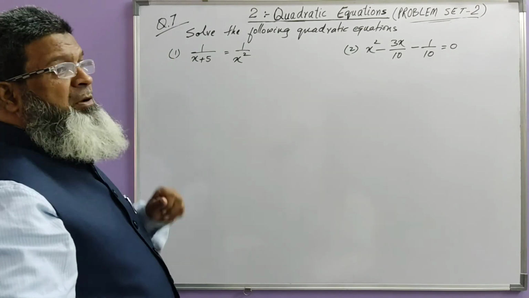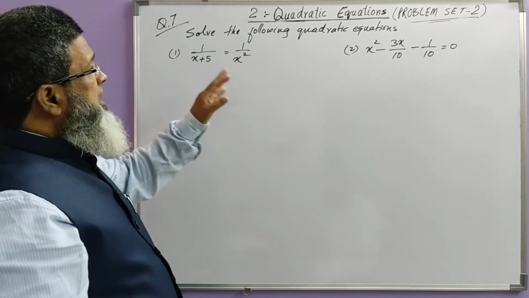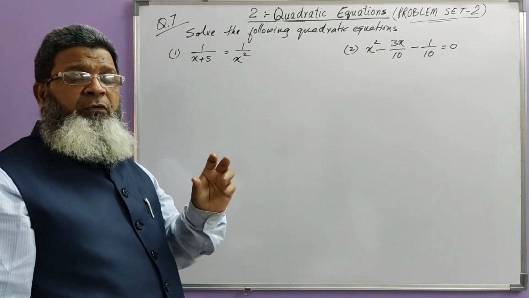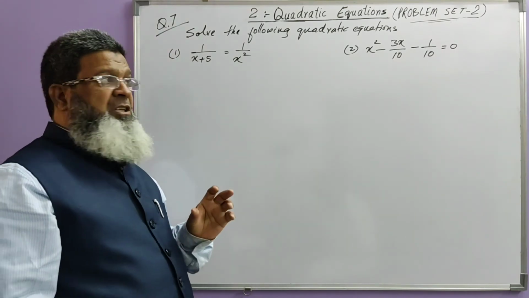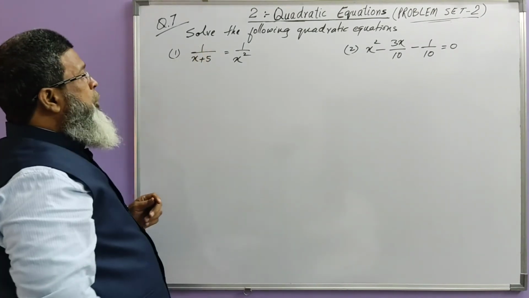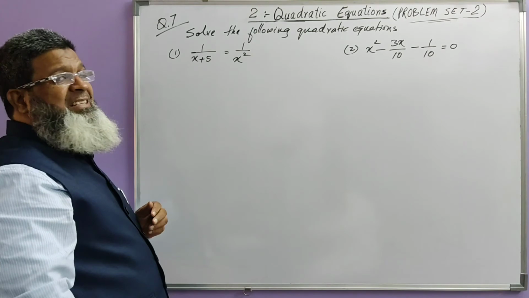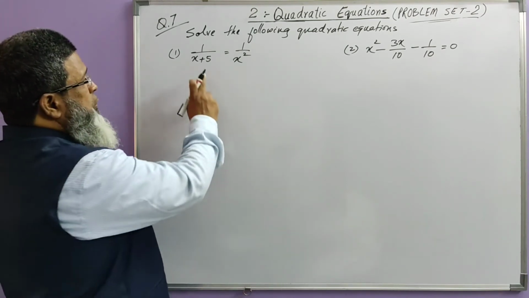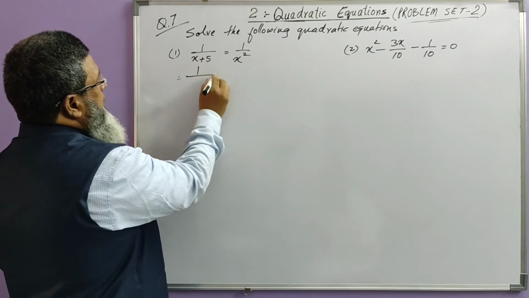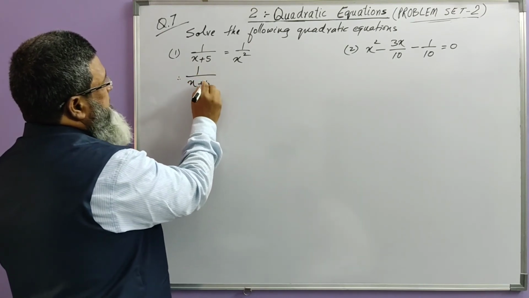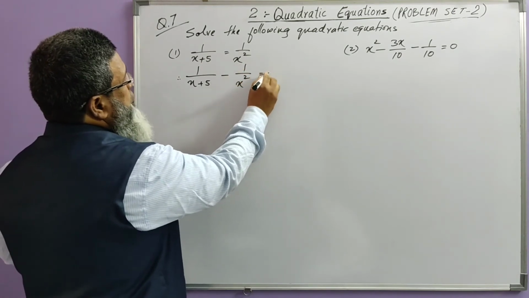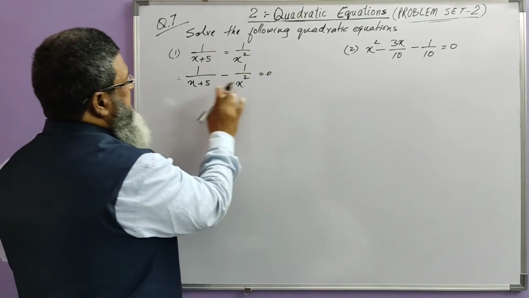Now in question number 7, solve the following quadratic equations. This question number 7 consists of 6 sub questions. So let's solve 2. The first one is 1 upon x plus 5 is equal to 1 upon x square. Take this 1 upon x square to the left side. Therefore 1 upon x plus 5 minus 1 upon x square is equal to 0. Add these two.